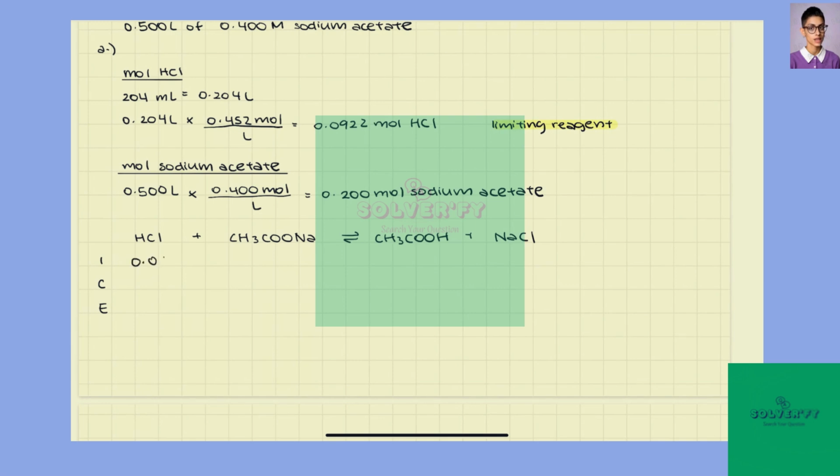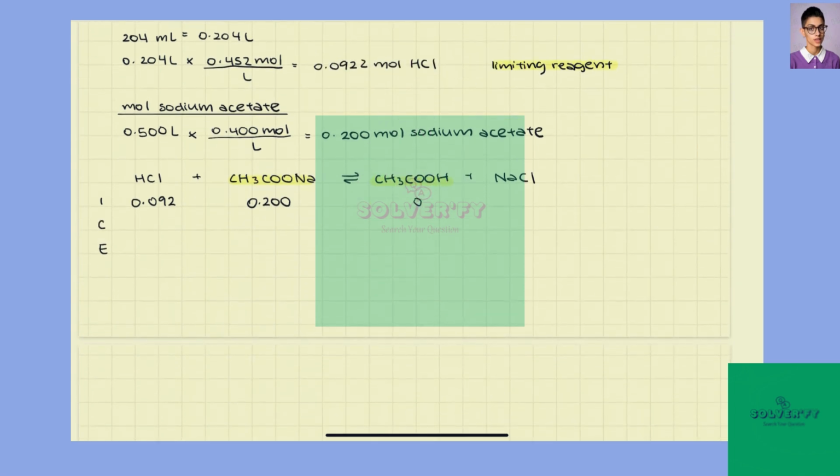We have 0.092, 0.200, and 0. Because we are trying to find the pH of the buffer solution, these two are what we are considering. We do not need to consider sodium chloride. Our change, we are going to use up all of our HCl because that is our limiting reagent. And at equilibrium, here are our values.